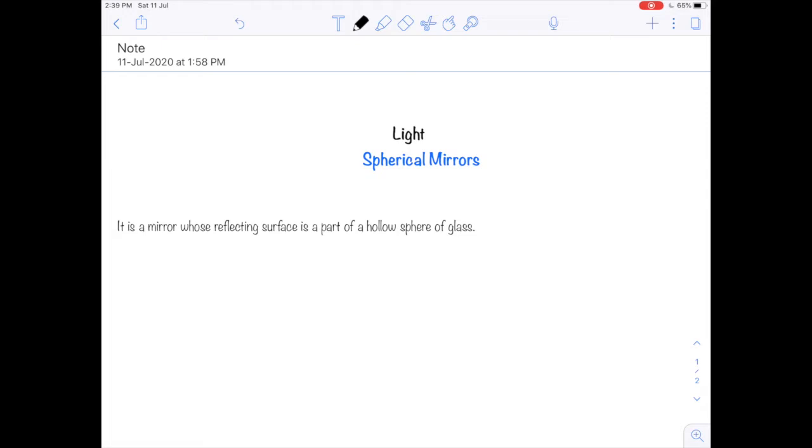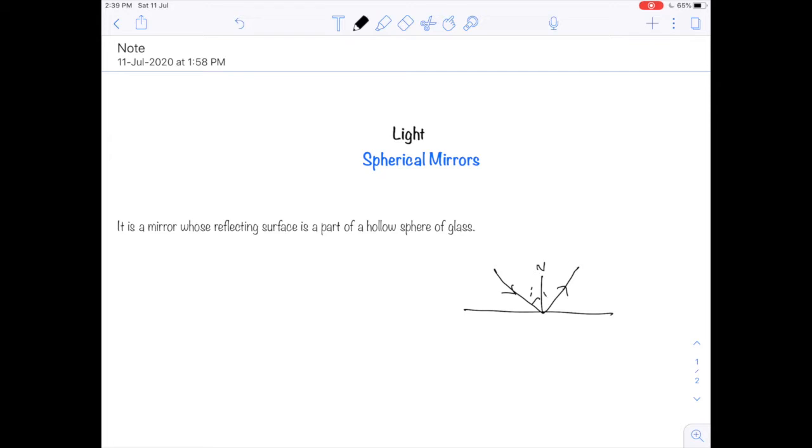We all know that when reflection takes place from plane mirrors like this, this is the incident light, this is the normal, and this is the reflected light.